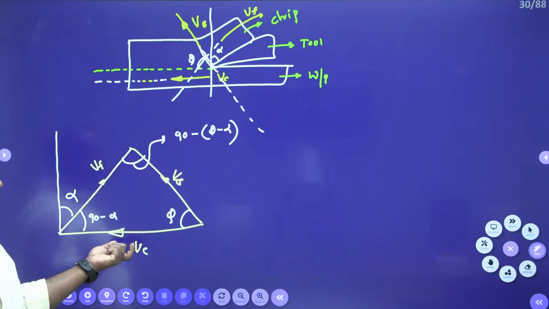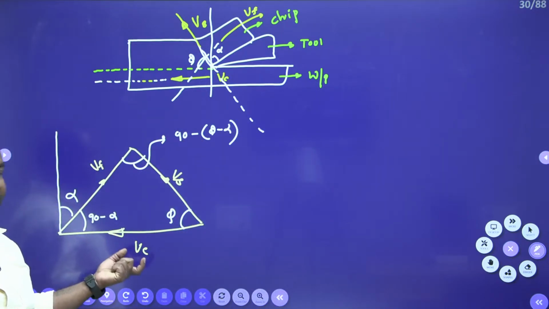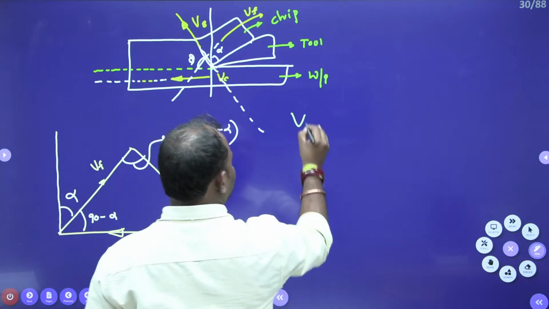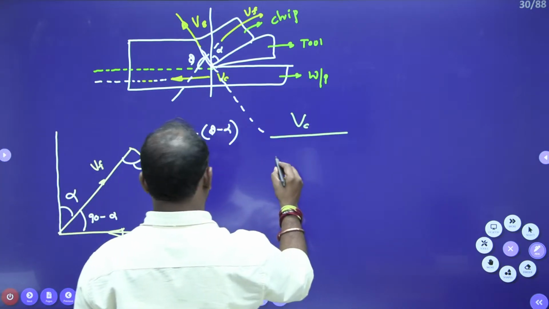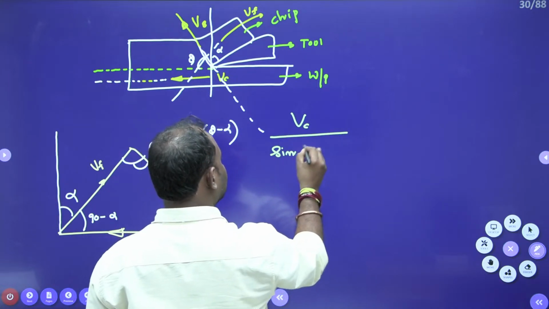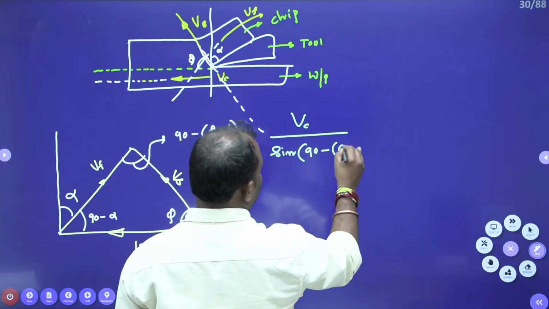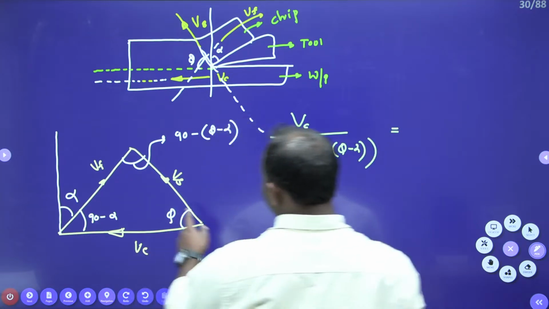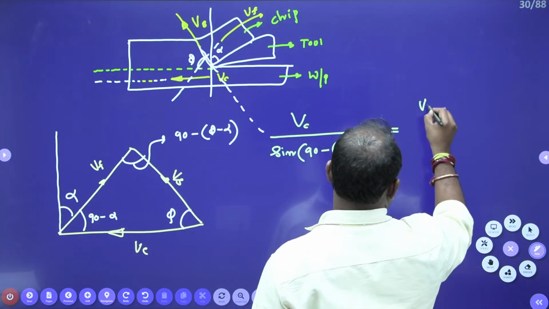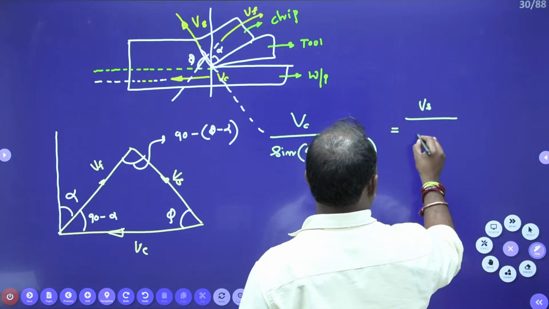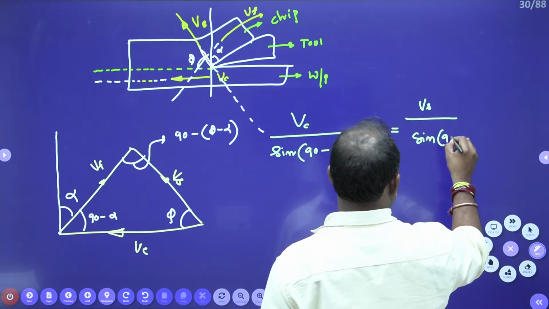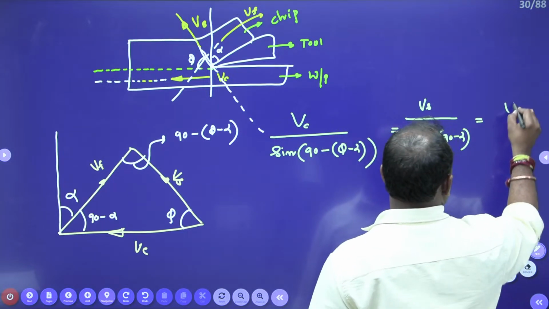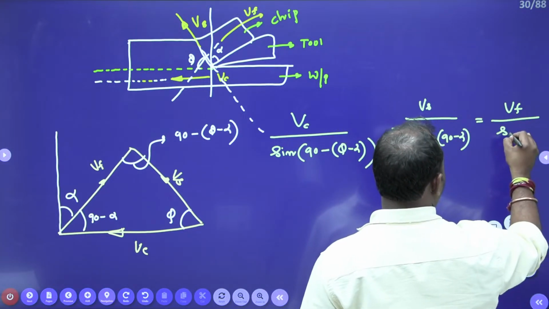Opposite of Vc is the sine of the opposite angle. That is, Vc divided by sine of 90 minus phi minus alpha is equal to Vs divided by sine of 90 minus alpha, and next Vf divided by sine phi.